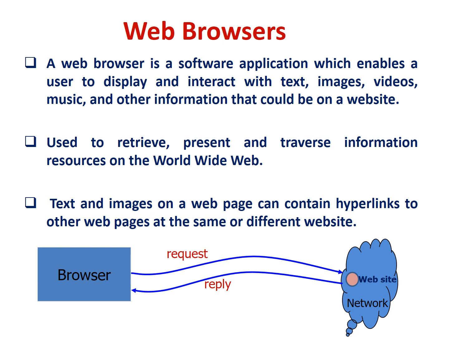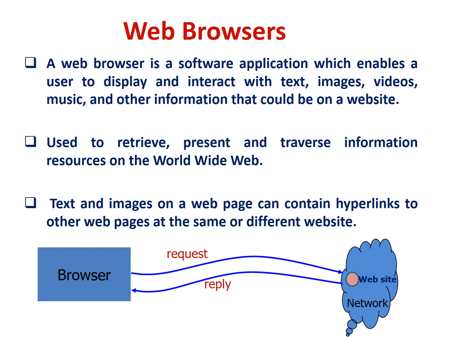Here we can see what the browser does: it sends a request. A user, using the browser, sends a request to the website or the server, which is the parent network.